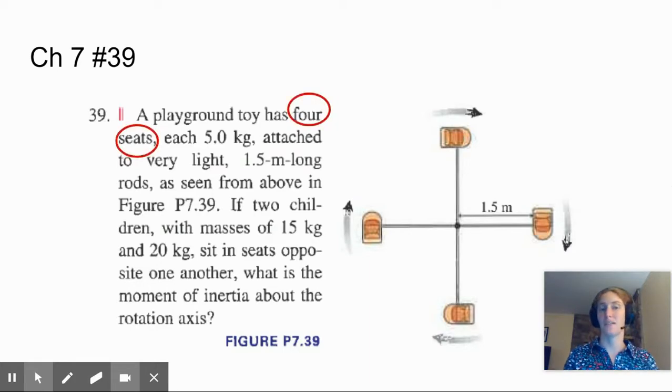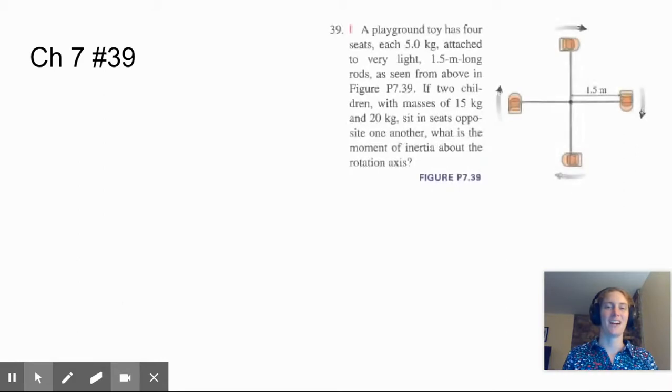Now, one thing to pay attention to is that this has 4 seats. If you forgot to do 4 seats, pause, try again. Otherwise, I'm going to proceed. So I have the total moment of inertia is equal to the moment of inertia of the 4 chairs plus one child plus the second child.